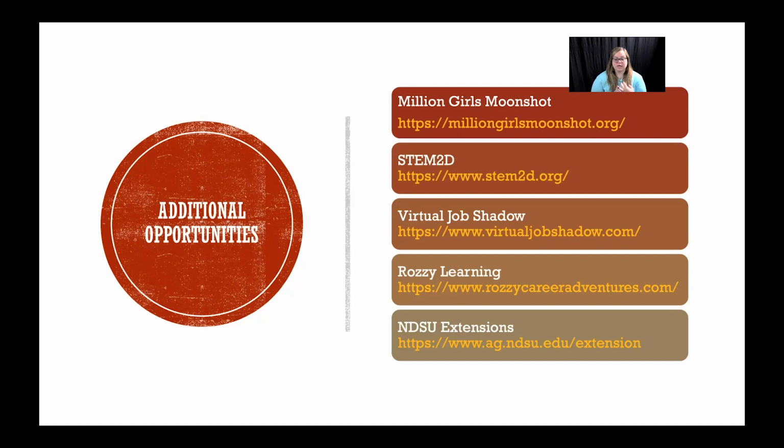I know Razi Learning has a lot of really great lessons that have videos and even some interviews of a few different career areas, and they really focus on career opportunities.